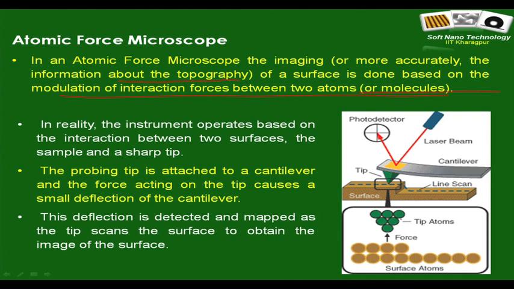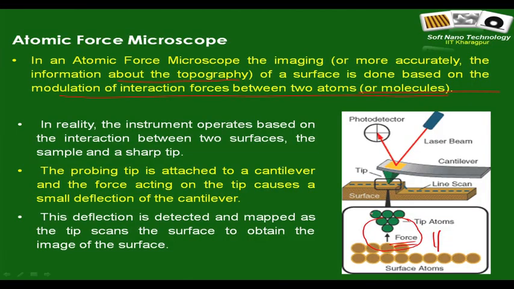Here again it is a picture that is very similar to what we have already seen in the context of an STM, but see here there is no tunneling current, and that is what makes AFM more versatile, because you are now talking about forces. So, yes, you can also use an AFM for a conducting surface, but you can also use it for a non-conducting surface and any type of surface, because the moment you bring in a surface, and this tip I am assuming to be another surface.